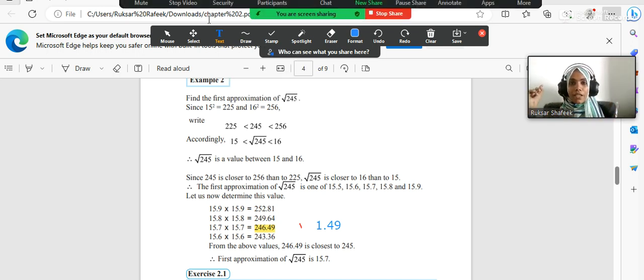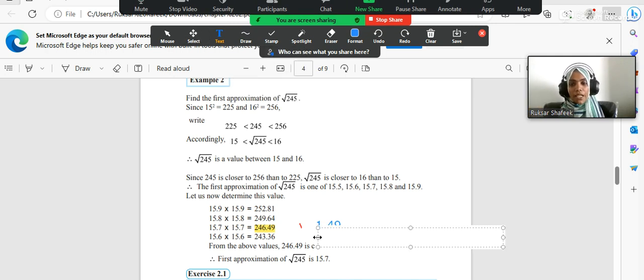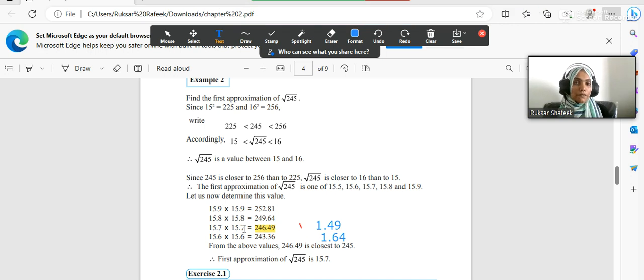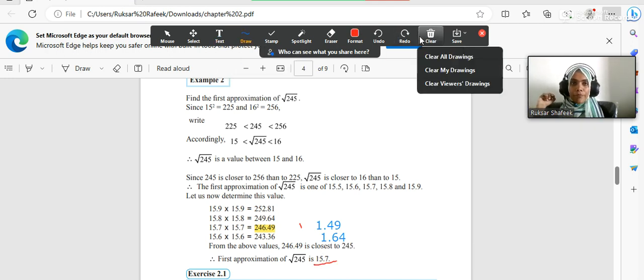So do you see, it's a very teeny gap that they have: 1.64 here and 1.49 for 15.7, right? So when we look at that, we know that 1.49 is a smaller gap compared to 1.64. So that is why we've gone with the answer 15.7 and not 15.6. So that's more about first approximation.